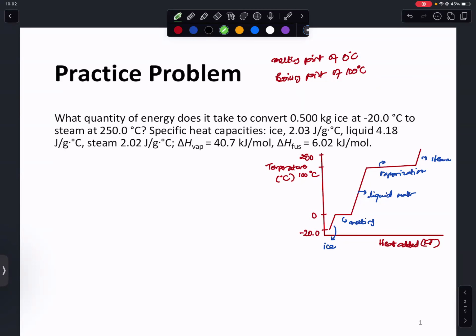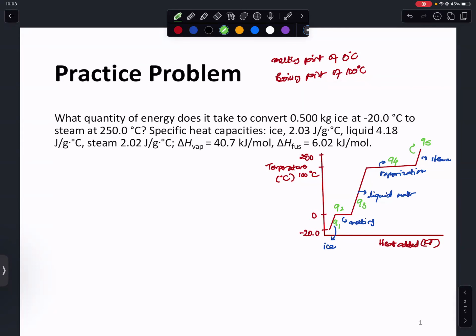Now, with each of these lines, there is an amount of heat that's going to be associated with it. So I can label them as Q1, Q2, Q3, Q4, and then Q5.